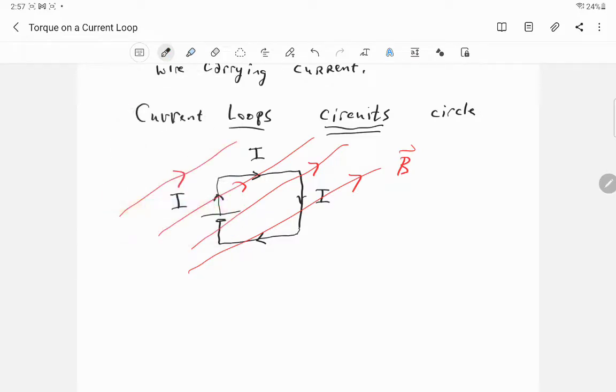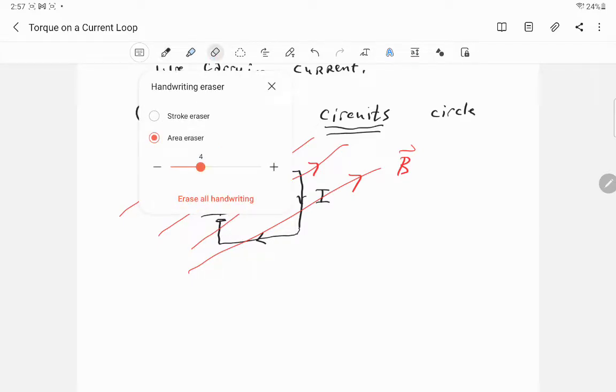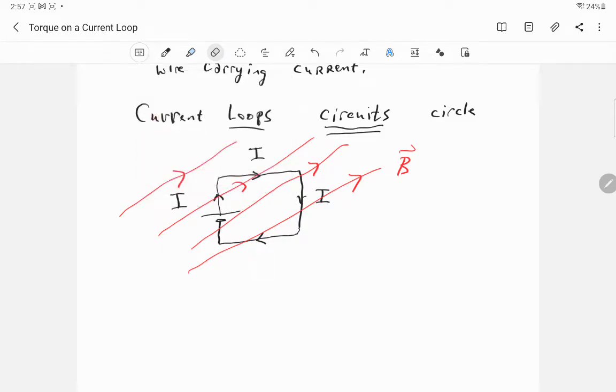So we could say that this is a rectangular current loop, and I'm going to erase the battery, and pretend that the battery isn't much to look at. I'm just going to say that there is a battery along this circuit that's providing the potential difference to drive the current through whatever resistance.